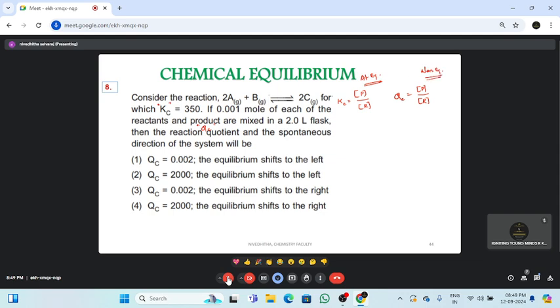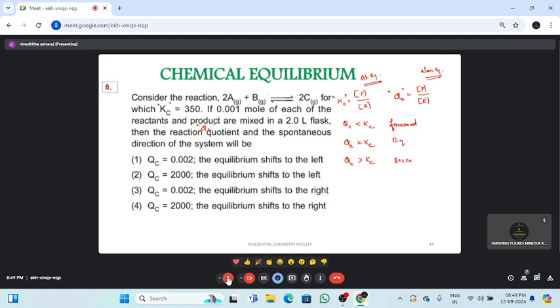So by comparing the value of Kc and Qc, we can find the direction of the reaction. If Qc is less than Kc, then reaction is moving towards forward direction. If Qc is equal to Kc, then the reaction is at equilibrium. If Qc is greater than Kc, then reaction is moving in backward direction.